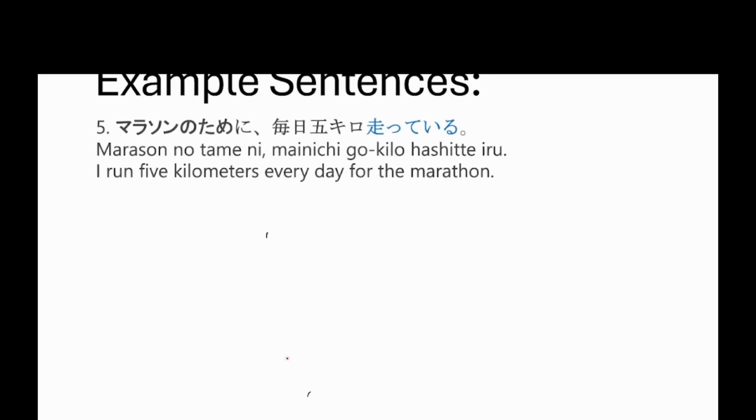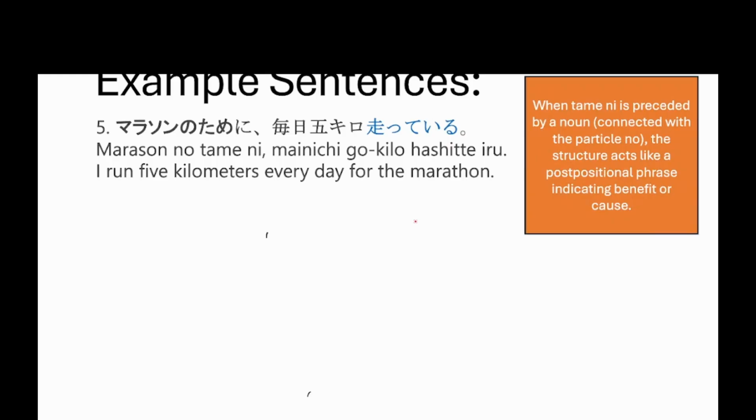Okay, so the next sentence is marathon no tame ni mainichi 5 kilo hashiteiru. I ran 5 kilometers every day for the marathon. Here, tame ni has a different use, because in this case, it is preceded by a noun connected with the particle no. So the noun is marathon connected with the particle no, marathon no. The structure acts like a postpositional phrase indicating benefit or cause.